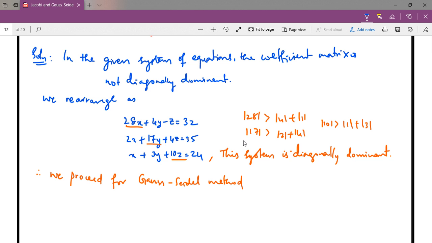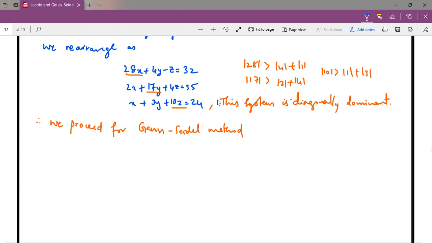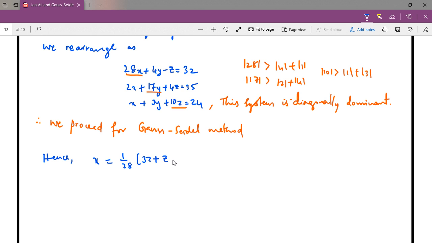So now we first solve for x, y and z. So from equation 1 we solve for x. So this gives x is equal to 1 by 28 into 32 plus z minus 4y. Okay, and from the second equation we get for y.